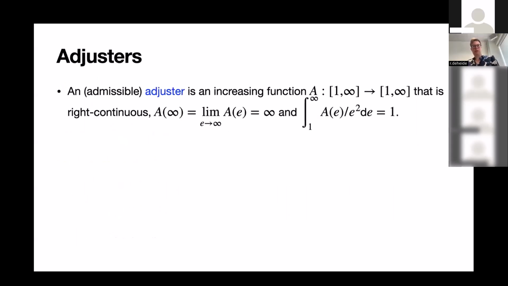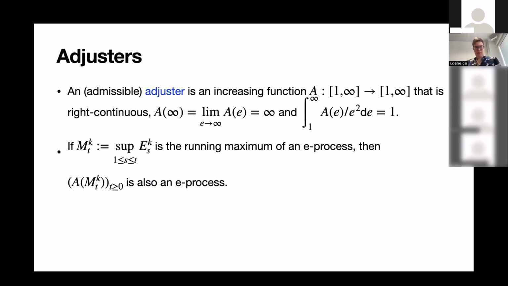A solution to this problem is to use something called an adjuster. They were invented around 2010 for stock financial applications. It's basically a function that fulfills these criteria.